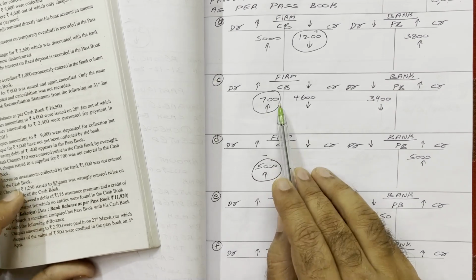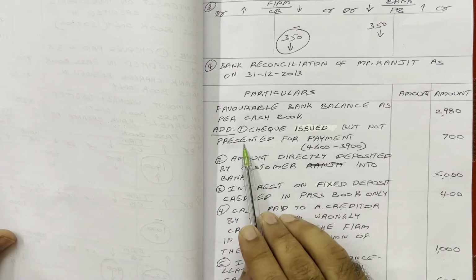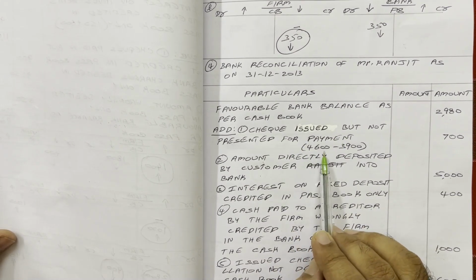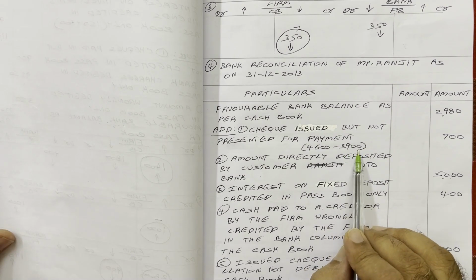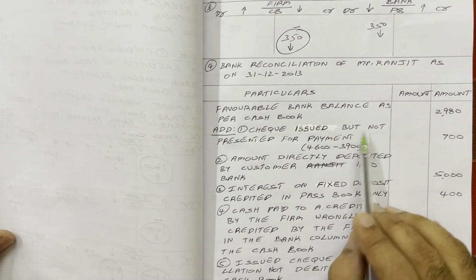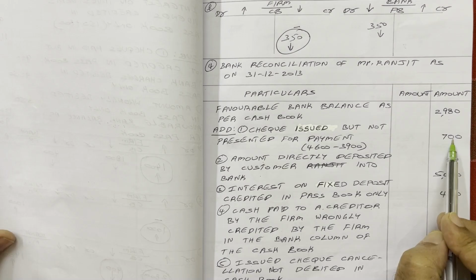Increase means we have to add. Add. First point, cheque issued but not presented for payment. So we issued 4,600 worth cheques, but really bank paid only 3,900. No, difference 700 is the cheque issued but not presented for payment amount. 700 in outer column. Debit.